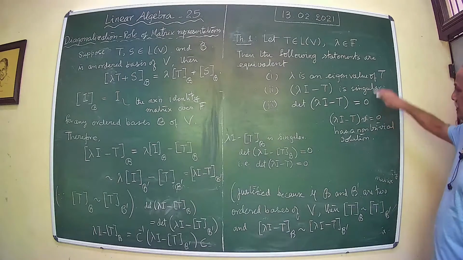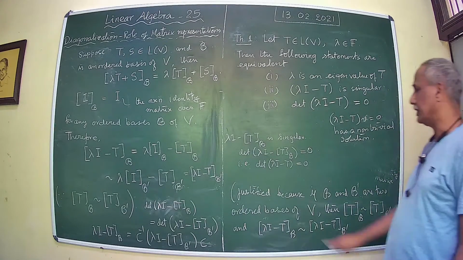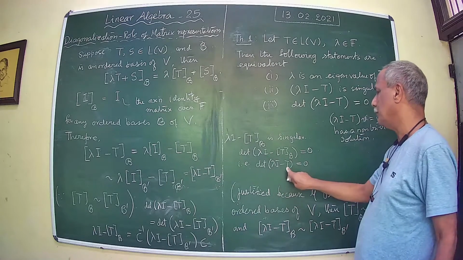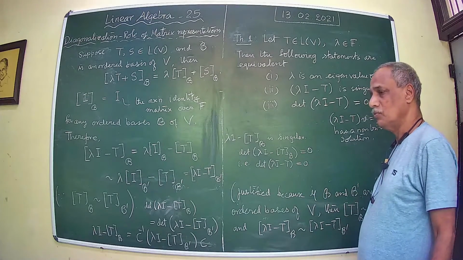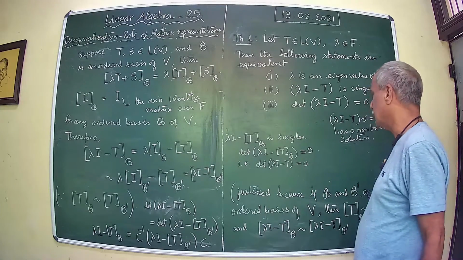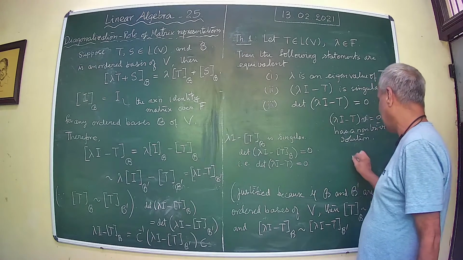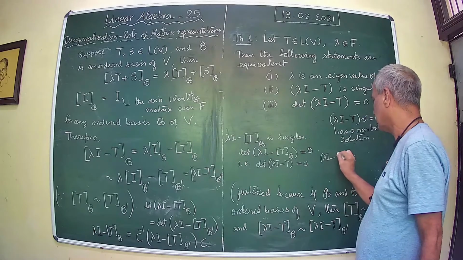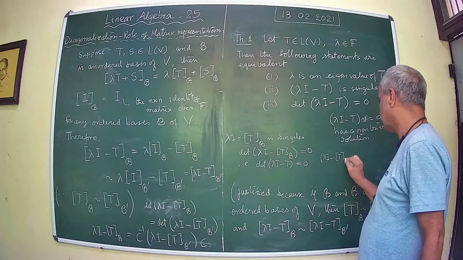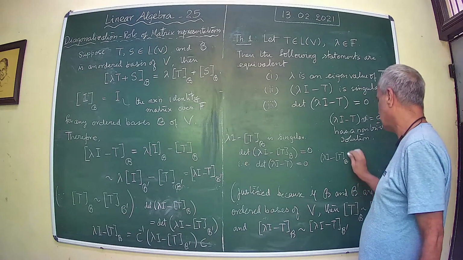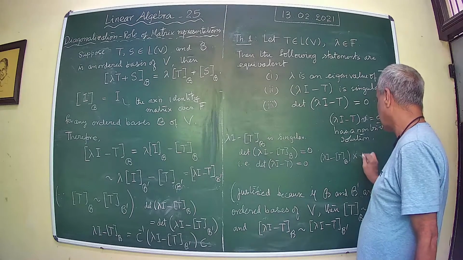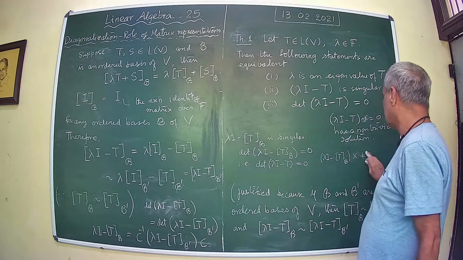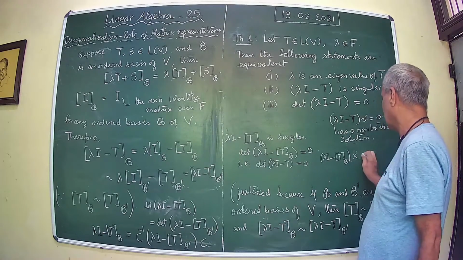Now once again go from here. If determinant of lambda I minus T is 0, what does it mean? There exists a certain x, x not equal to 0, such that this is equal to 0.